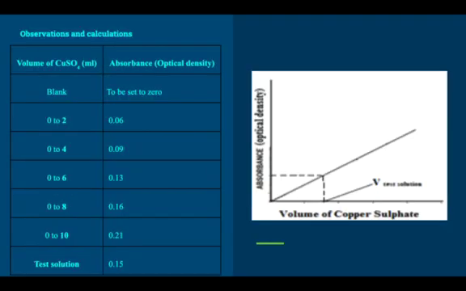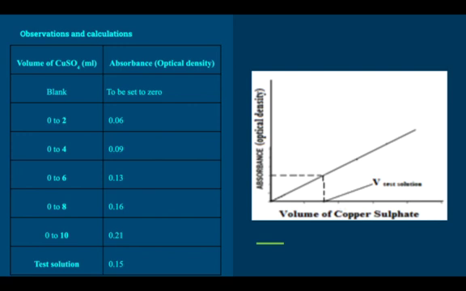Next step is to measure each of these solutions. First we'll take the blank. The blank solution will be transferred into the cuvette or the sample cell, and you place it in the colorimeter. Then you switch on the absorbance, and if the absorbance is not 0, you adjust the knob so that the absorbance is set to 0.